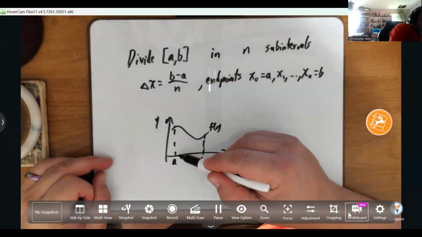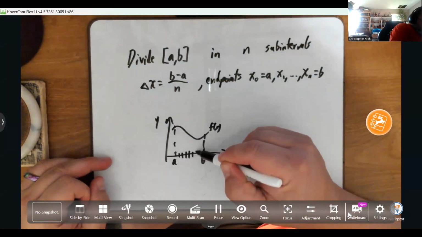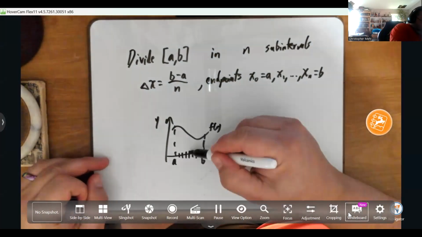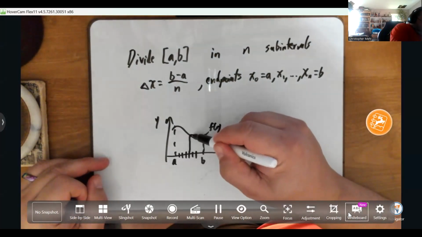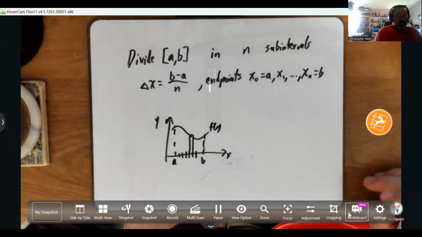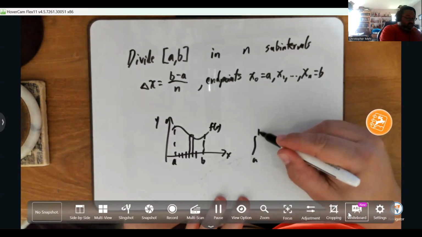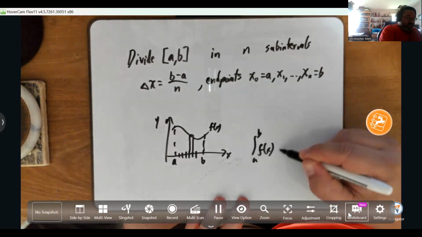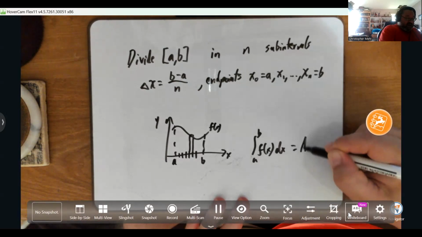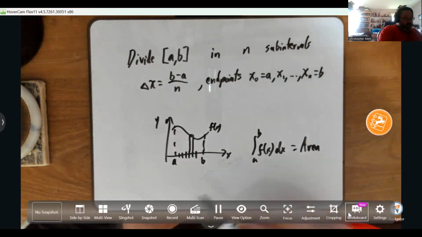So we chopped AB up into pieces, made a box on each piece, and added all those up, and in the limit that gives us the integral of f of x dx, the area underneath the curve over the interval AB.